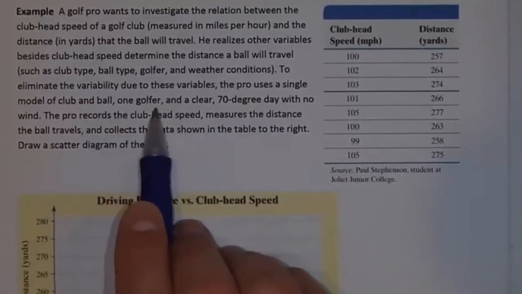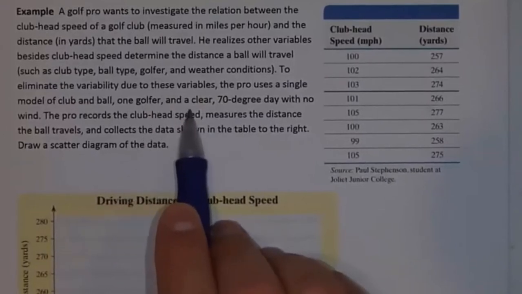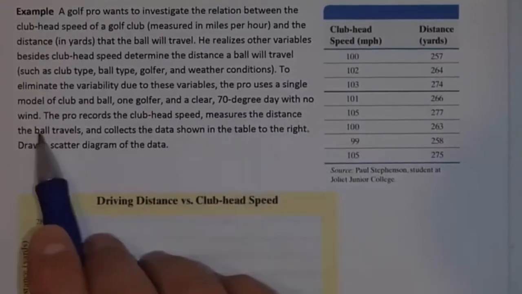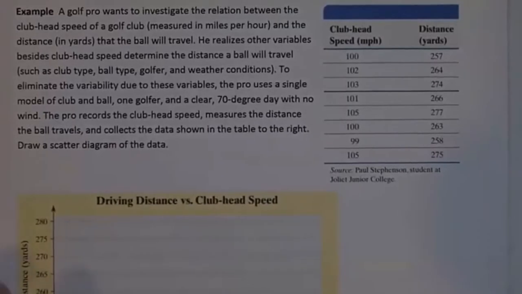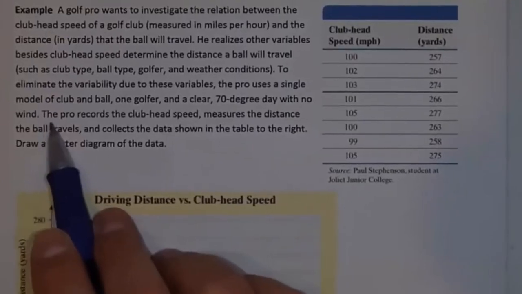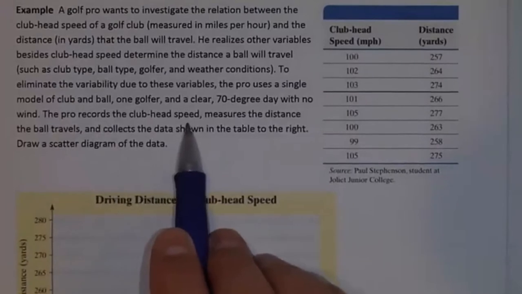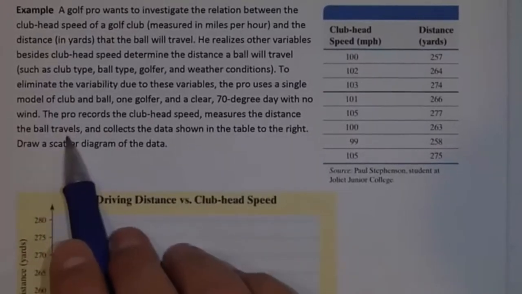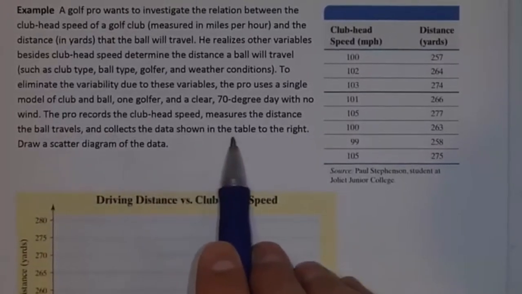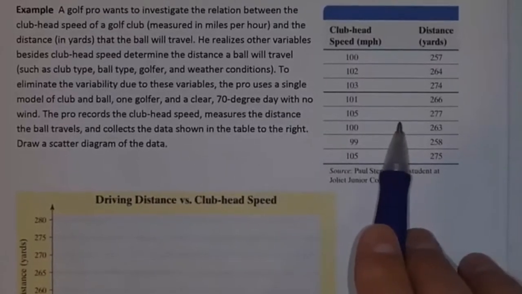He uses a single golfer, and he uses a clear 70-degree day with no wind. So he's controlling all of those things that might affect how far the ball goes besides the speed of the club head. The pro records the club head speed, measures the distance the ball travels, and collects the data shown in the table to the right.